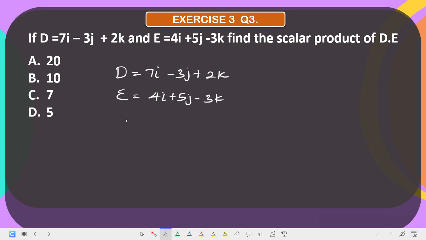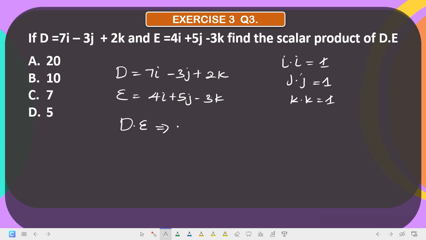Find the scalar product of D dot E. Now, if they say you should find the scalar product, what they actually ask you to do is use this to multiply this, use this to multiply this, use this to multiply this, and then sum all of them together. Now, taking into cognizance that i dot i will always give us 1, j dot j will always give us 1, and k dot k will always give us 1. If you take this into cognizance, then everything becomes easy for you.